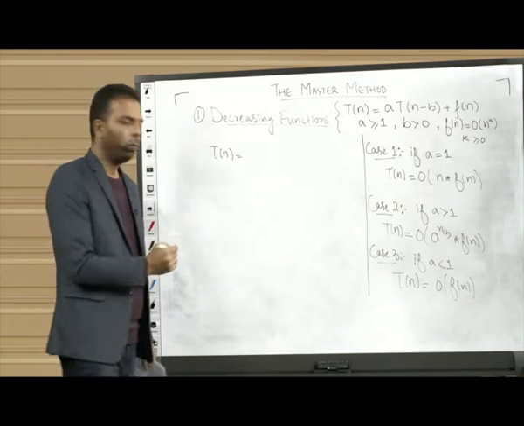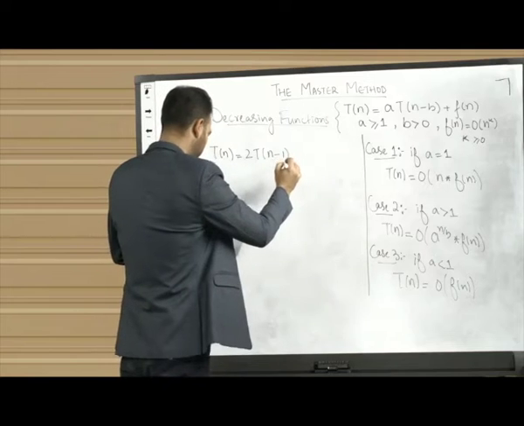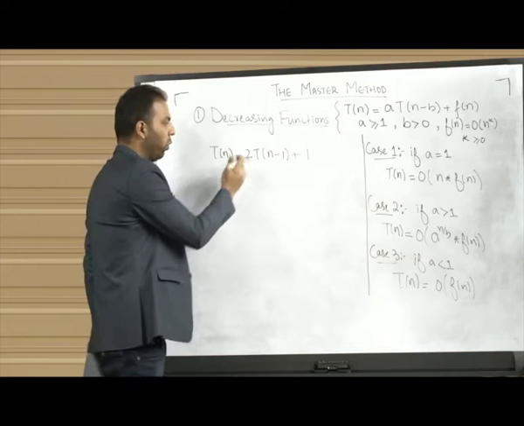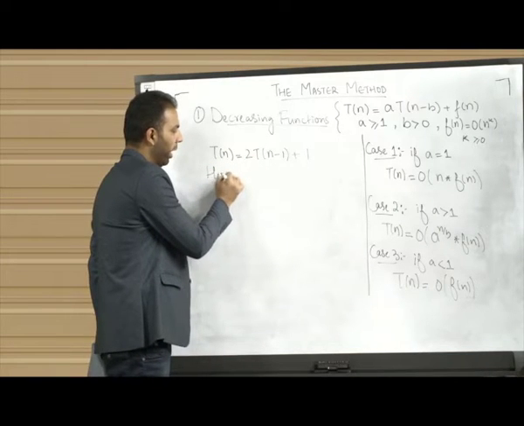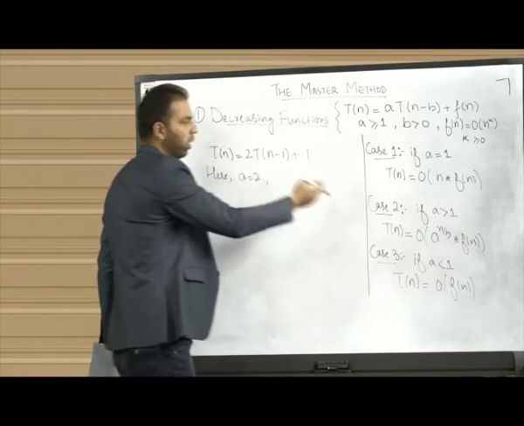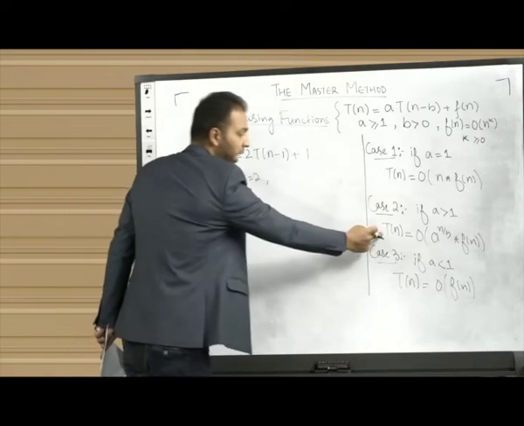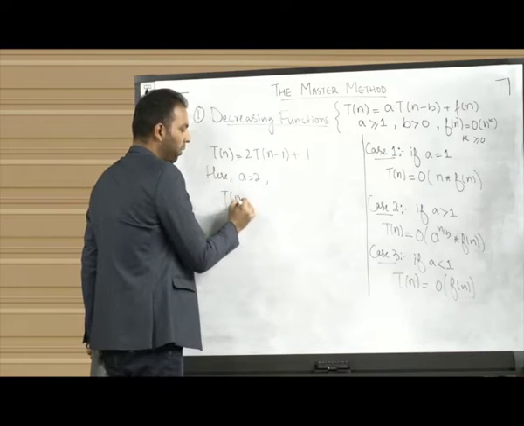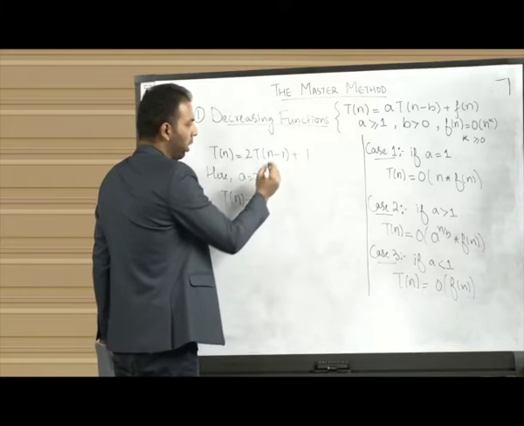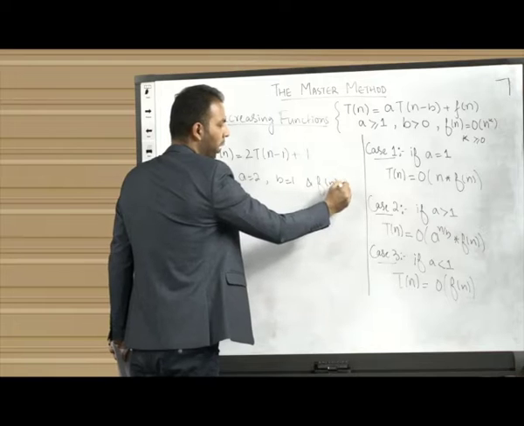So now for case 2, we have 2T(n minus 1) plus 1. Because we are having here a coefficient 2, here we have A equal to 2. Once A is greater than 1, that means it is case 2. So what will be T(n) equal to? Here b is 1 and f(n) is also 1.